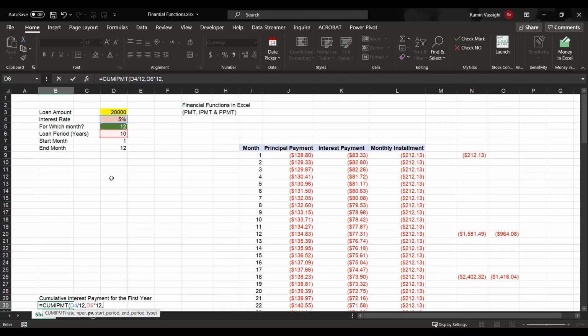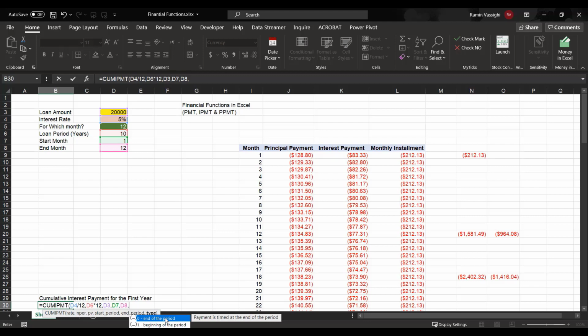And your present value of your loan is 20,000. Next is asking for your start period, which is which month you're starting. In this case, we're starting month 1, and we're ending in month 12, which is for the first year, the first 12 months of the period that we're looking for. And then it's looking for the type.